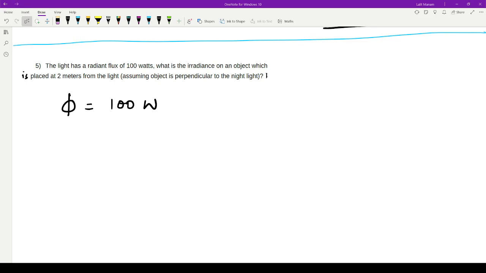Yes, radiant flux per unit area, but on the object, not on the light source. Area means you need to have a surface, so you're measuring it on the object.